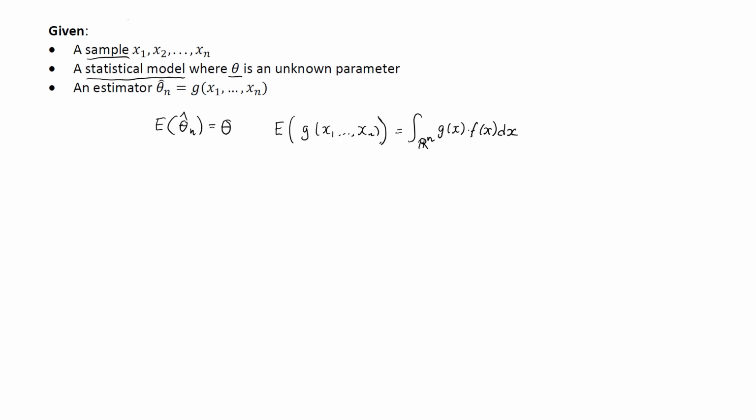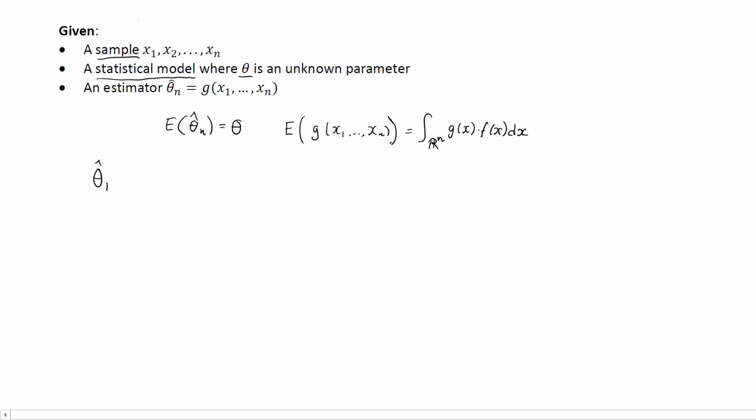So the idea is then as follows. We think of the sample size n as an arbitrary natural number. So theta hat 1 would be the estimator of theta if I had only one observation. In the same way, theta hat 2 would be the estimator of theta with 2 observations, 3 observations, and so on.